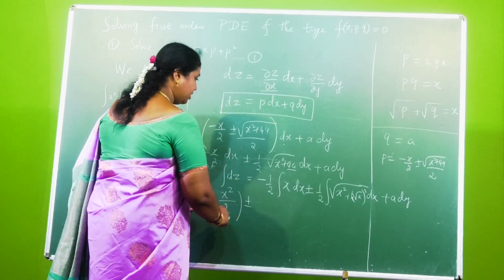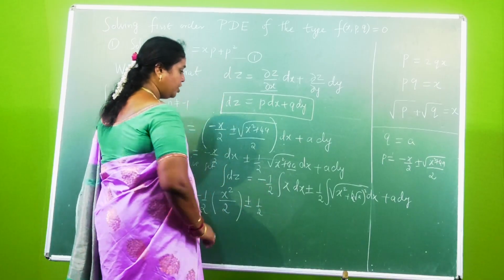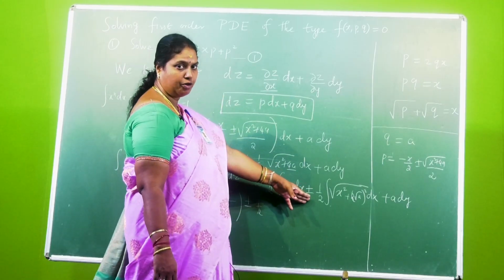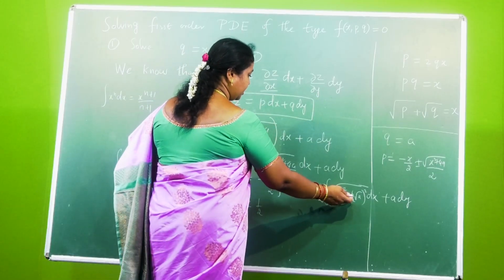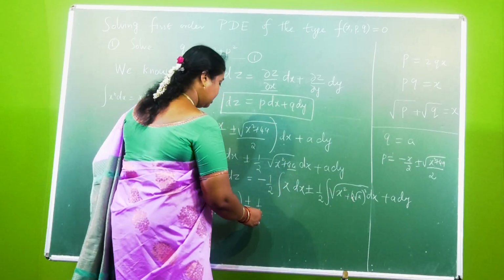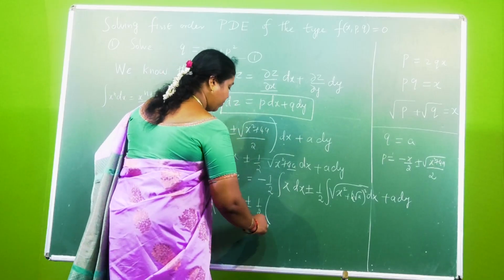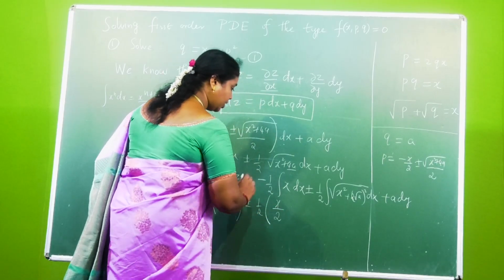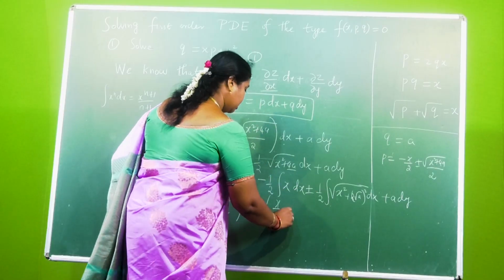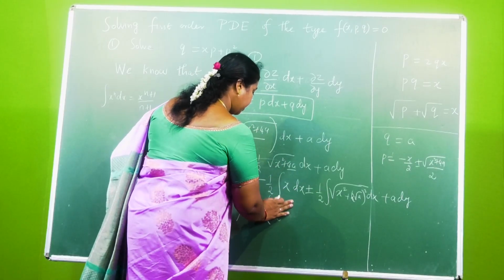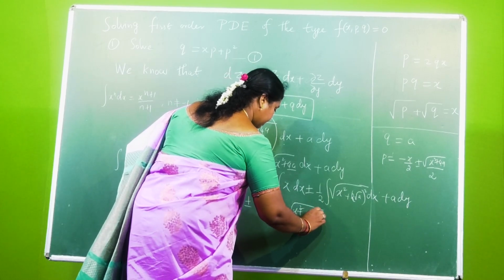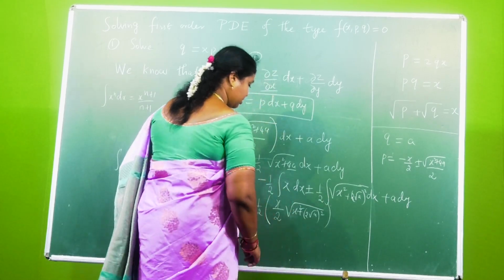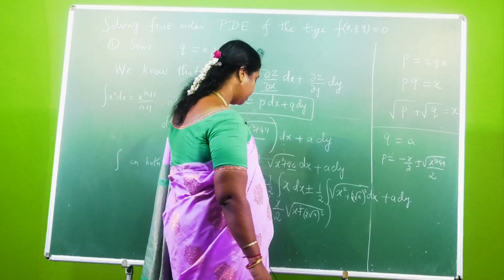So what about the second term? You have to just memorize 10 or 15 formulas. So this is the main formula. What is the integral of square root of x square plus a square dx? Formula-wise it is x by 2 square root of x square plus a square, with the same term x square plus 2 root a the whole square.